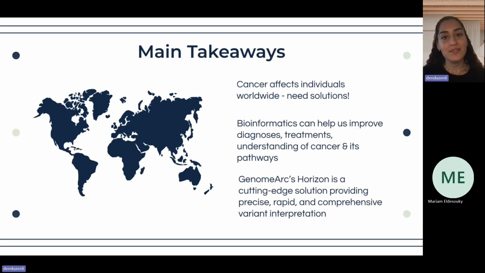So the main takeaways of today's presentation: obviously, cancer affects individuals worldwide, and we need solutions to help combat this. And one of these solutions could be through bioinformatics. It can help us improve diagnoses, treatments, and understanding of cancer and its pathways.